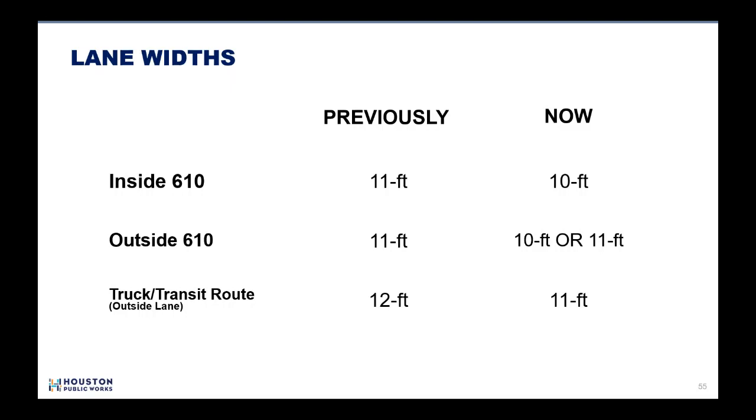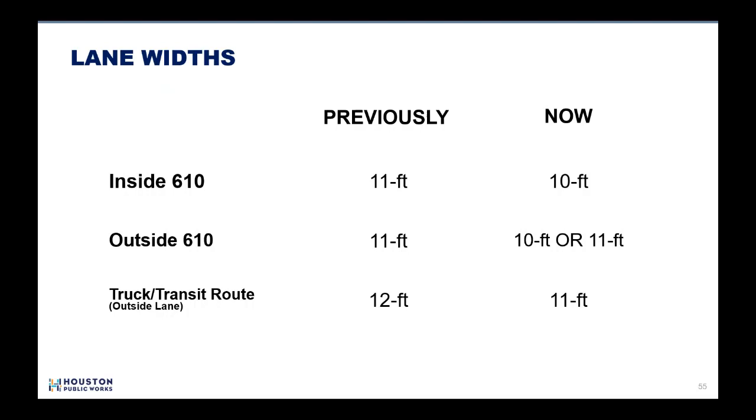Outside 610, we've got a mix. We've got some of the densest parts of town outside of 610, and we also have some of the least dense. We have suburban communities that are outside of 610. And so for outside of 610, we're not even at that point defining a standard. We're giving you a minimum and a maximum, and we're asking our design engineers to tell us what makes sense.